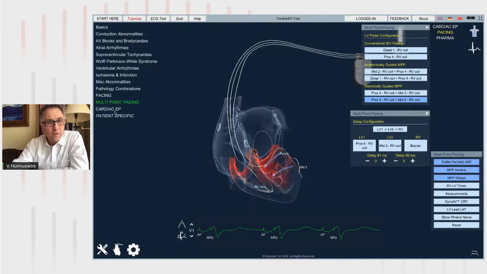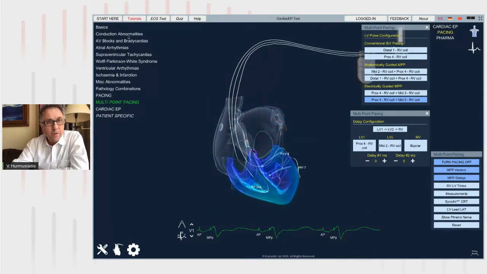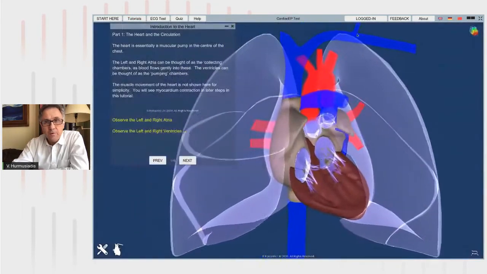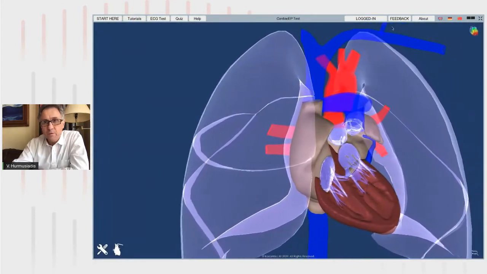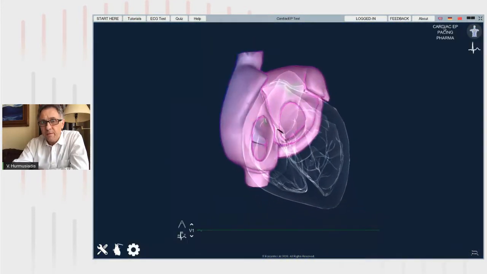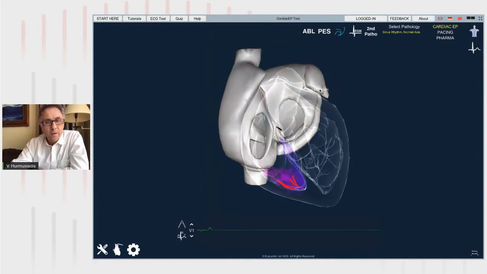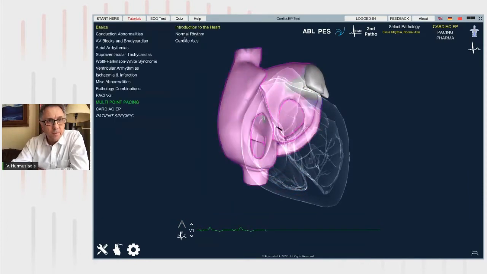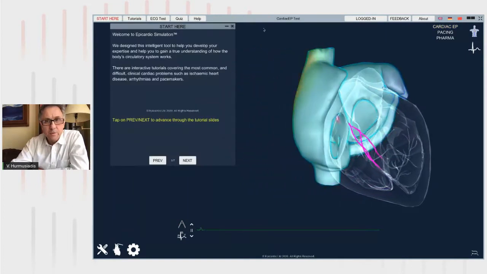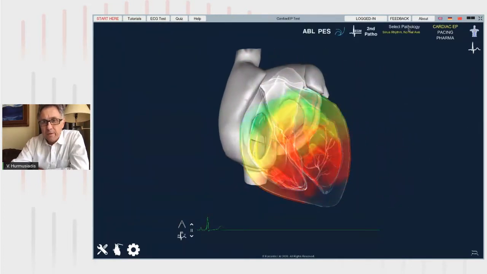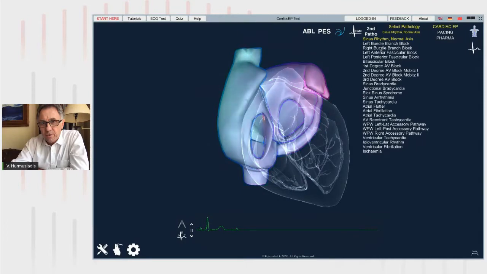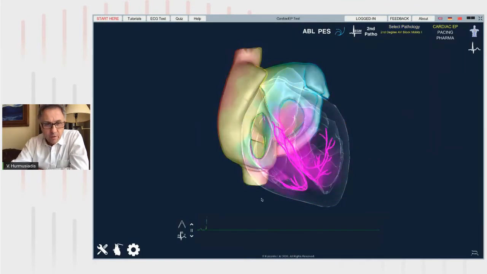Let's go now to the cardiac EP section, which is under development. Let's go back and cardiac EP here. Now, with this set of tools, first of all, we can show complex pathologies. Let's pick a pathology here, for example, second-degree AV block.